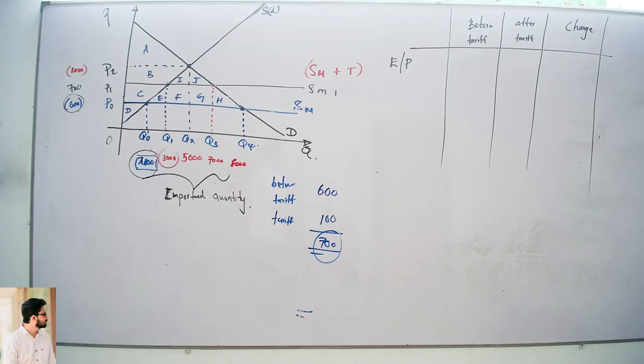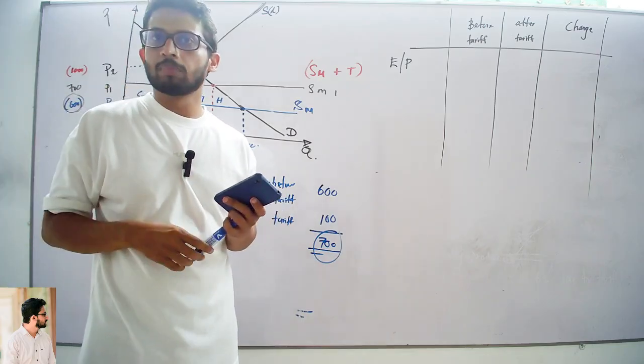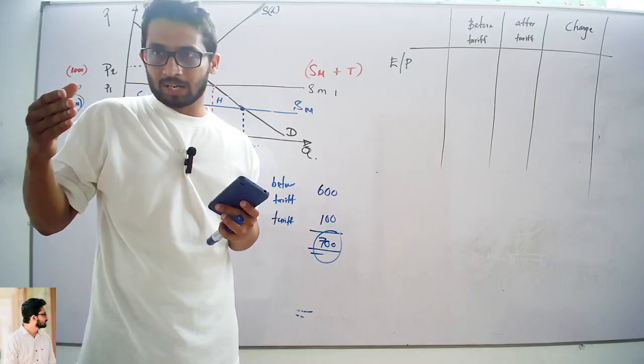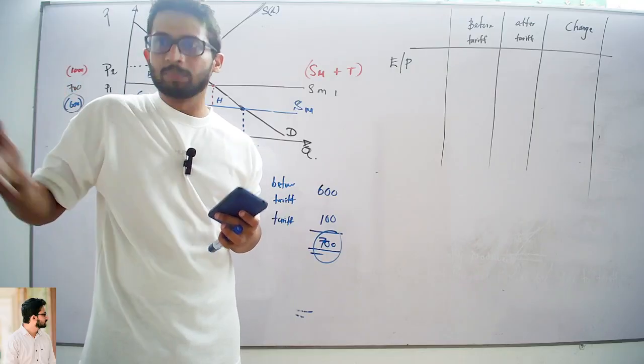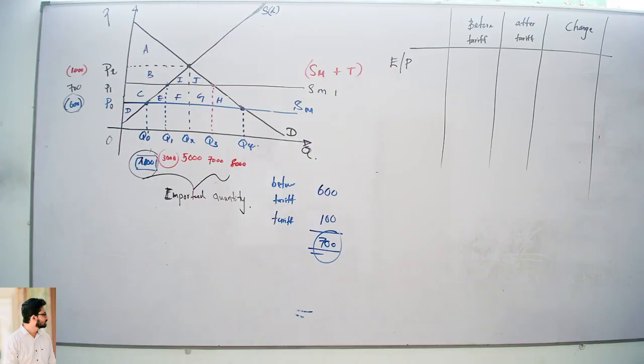Equilibrium price is the price charged by producers, at which price the product is being sold. What is the price before tariff, but with free trade?